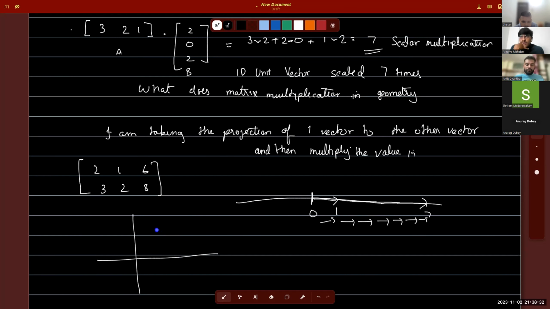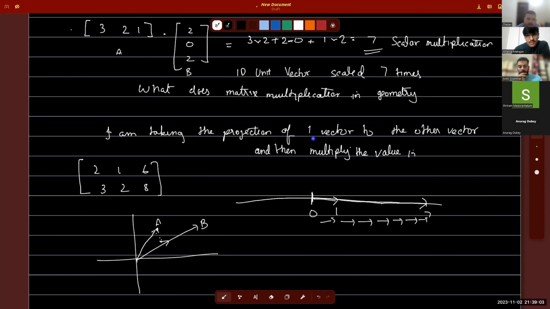Not exactly, because again one of the vectors is not a unit vector. I just want to reiterate that point. This matrix multiplication loosely corresponds to taking a projection of one vector onto the other vector and scaling the other vector by that amount.